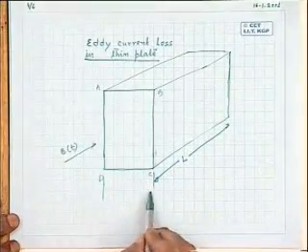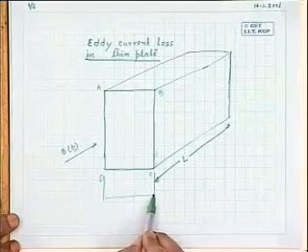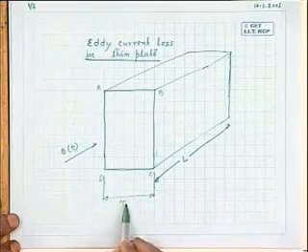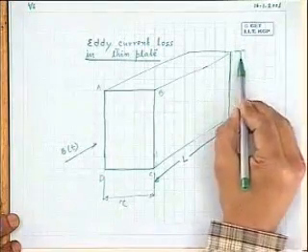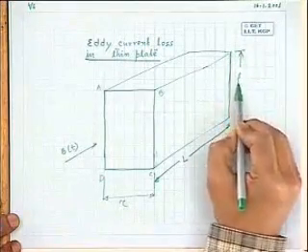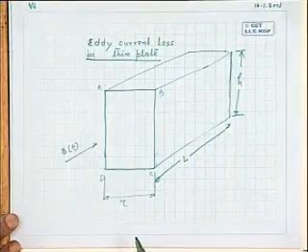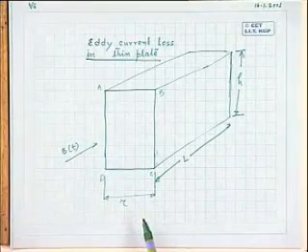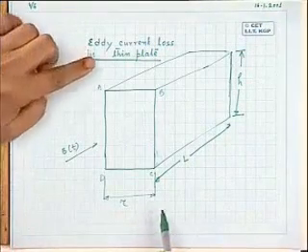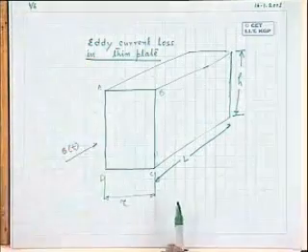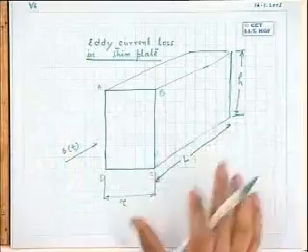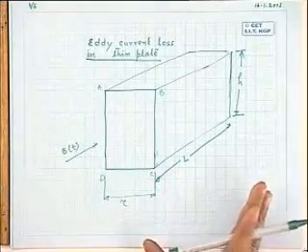Suppose the thickness of the plate is tau and the height of the plate is h. Remember, plate thickness is quite small compared to the height or length, because we are restricting our attention to thin plates only.